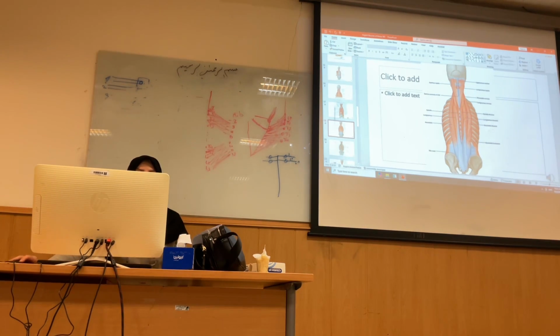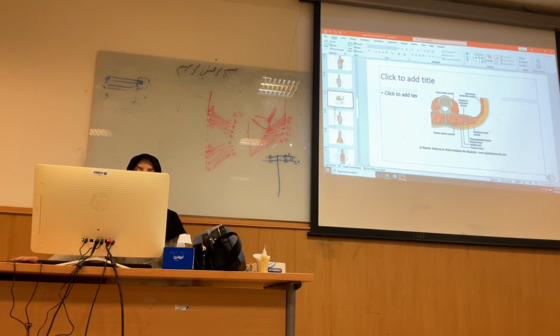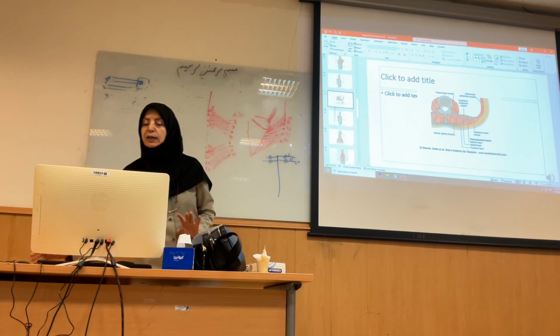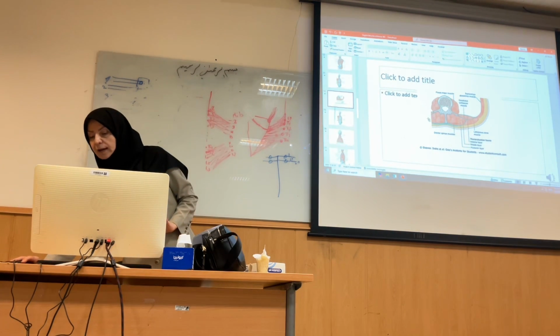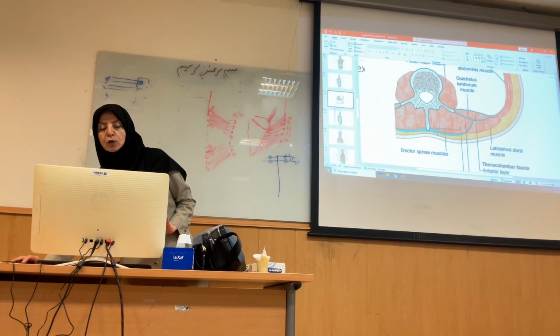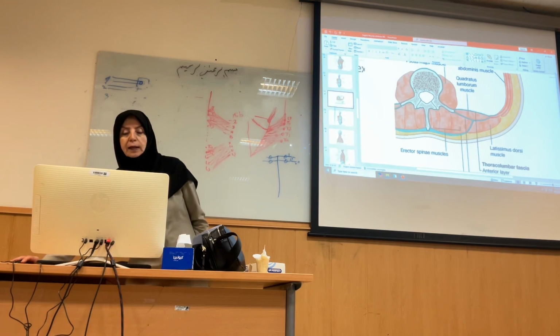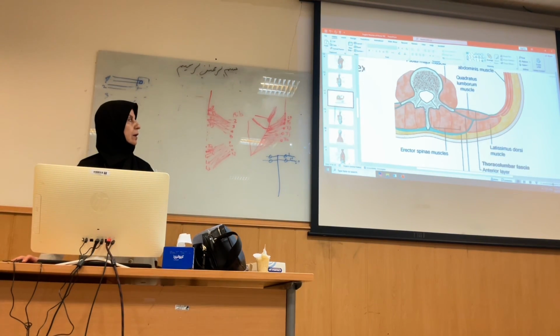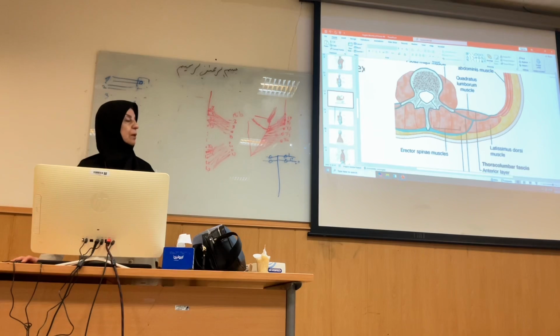Now, before I explain the erector spine, it is better I explain a little about the thoracolumbar fascia. It is a transverse section from the lumbar region. In this transverse section, with a green color, I am going to show you the thoracolumbar fascia. This is the lumbar vertebra. What is this? Spinous process.